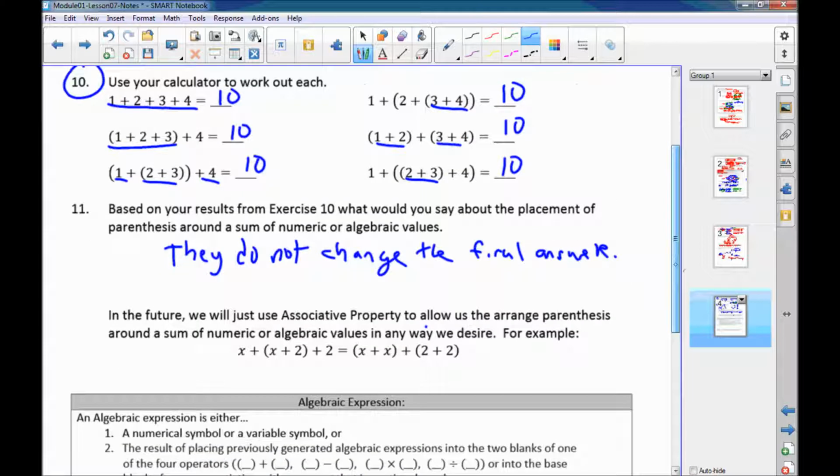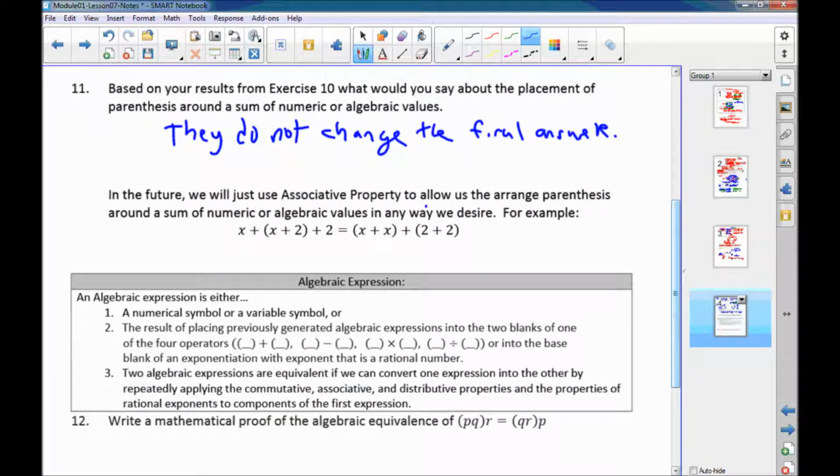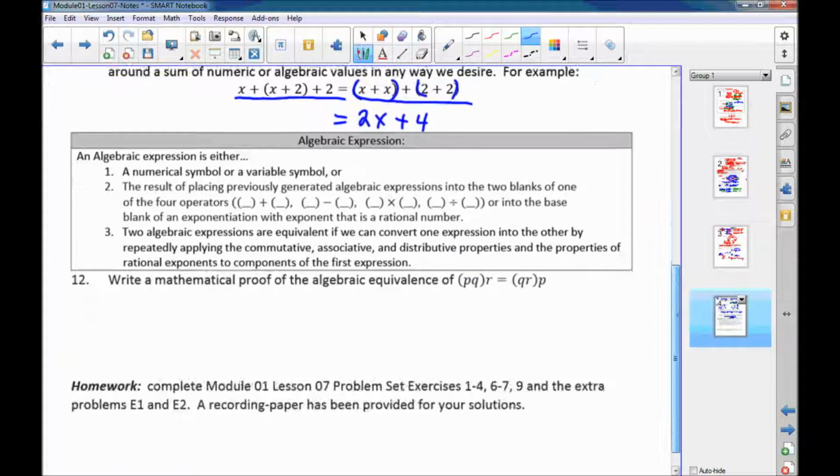So for instance, in the future, we just use the associative property to realign parentheses however we feel like it. So notice this is still x plus 2 plus 2. This is still x plus 2 plus 2. And we decided to say, just drop those parentheses there on the left side, and we'll add two new sets of parentheses to help us. Now this would help us because we could combine the like terms in the order we felt like, 2x plus 4 now.